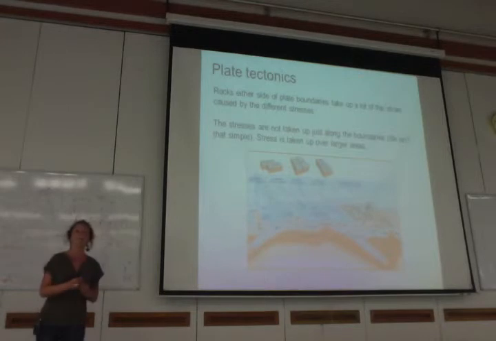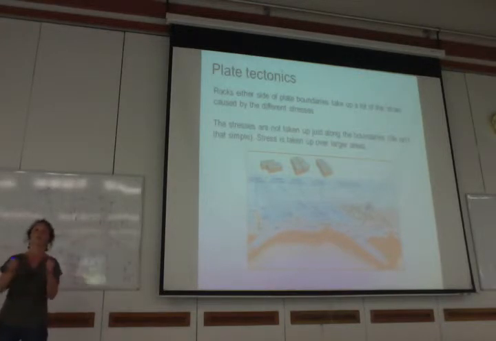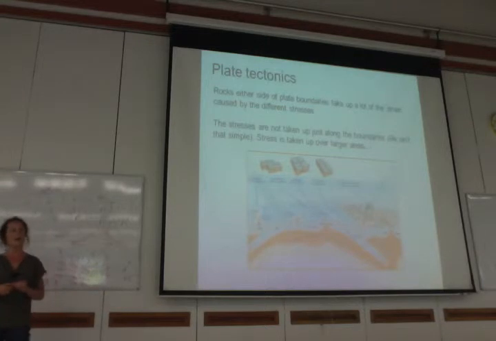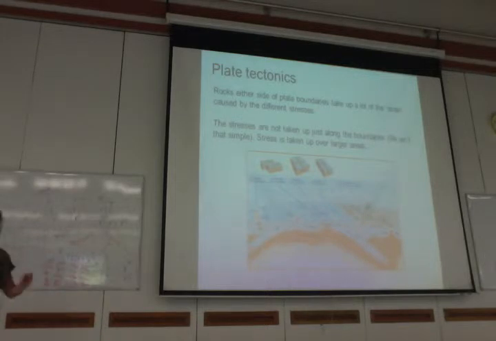So at these plate boundaries, our plates are either moving apart, moving past each other, or colliding, and we have a lot of forces building up, a lot of stresses rather. So stress, when we talk about stress, it's force per unit area. So we have a lot of stress building up at these plate boundaries.